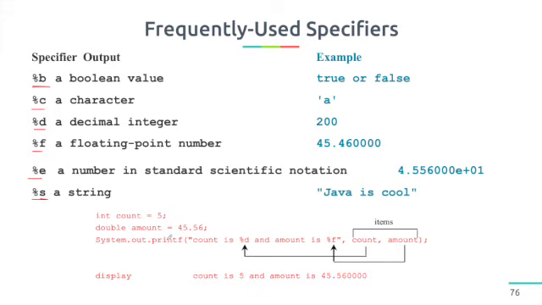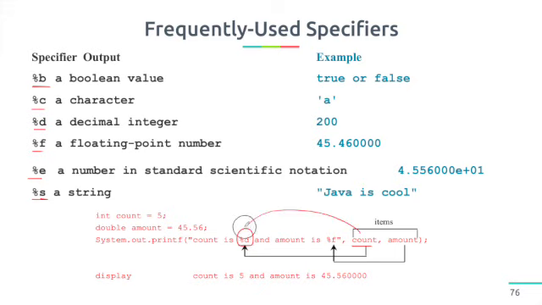So the way that we write this is, for example, we have an integer count, we have a double amount, and we want it to be formatted. The way that we write it is System.out.printf, and then we write "count is", and then the %d, which indicates that here I want the first integer to be assigned to this location.